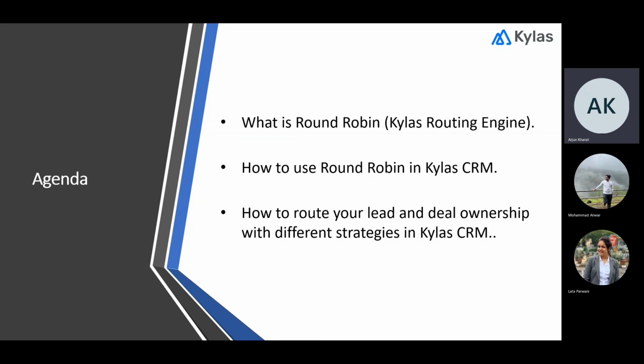So we have seen 3 major strategies that are available in the system. First is simple round robin, where the system does not check the load of each user, but it will start assigning the leads to each of these users one by one based on the sequence, the way the users are placed in the users field of the routing engine system.